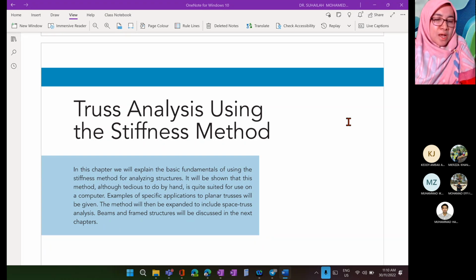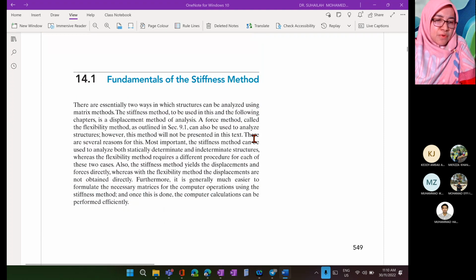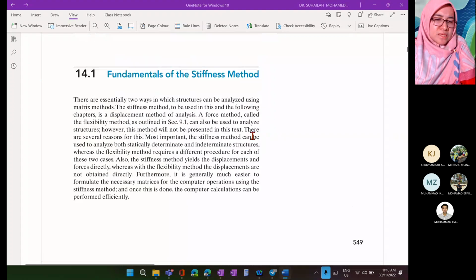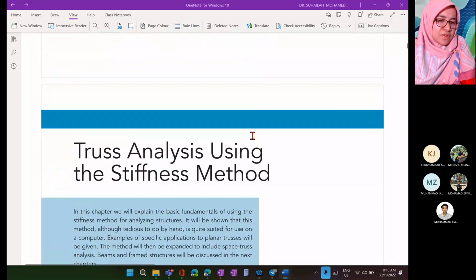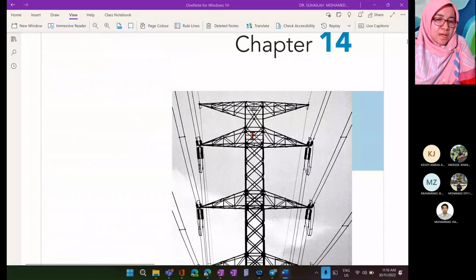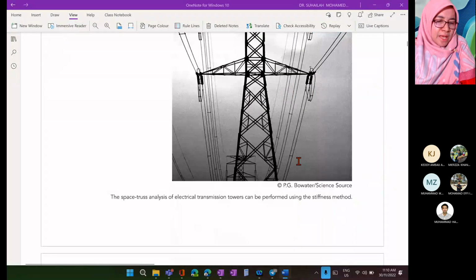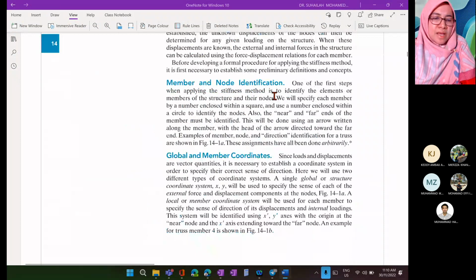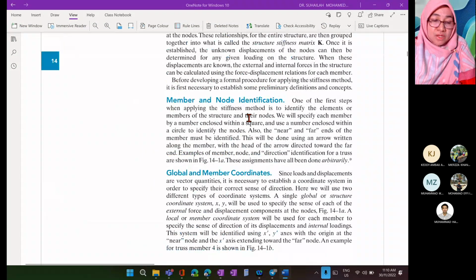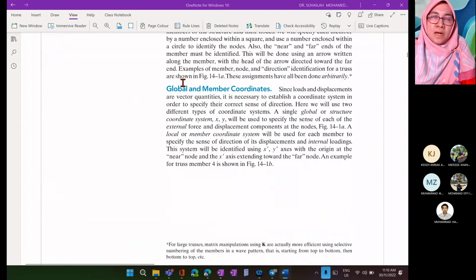So we will start by reviewing some important things that you can get from the textbook. Here please refer to chapter number 14 in the Hibbeler textbook, about the fundamentals. So you have to understand the member and node identification. What are the global coordinates? Because we will deal with the global coordinate system.